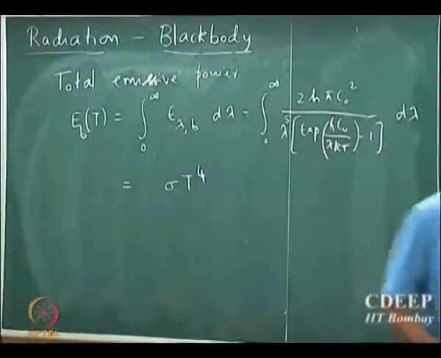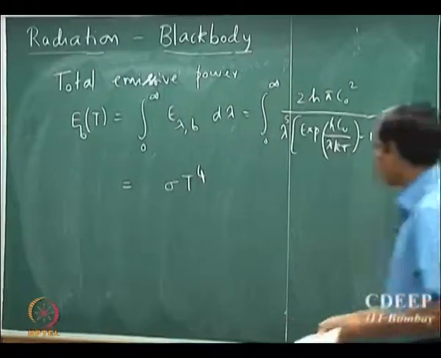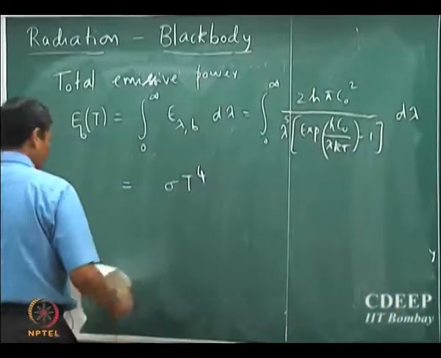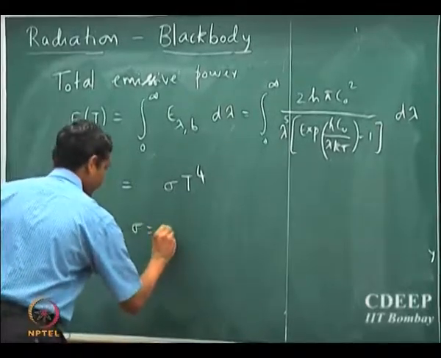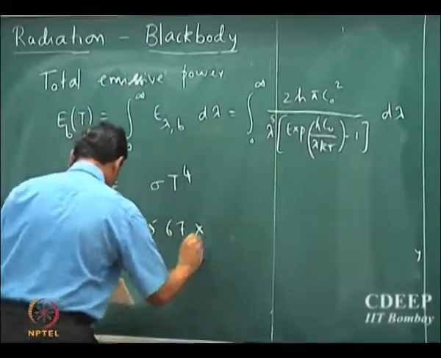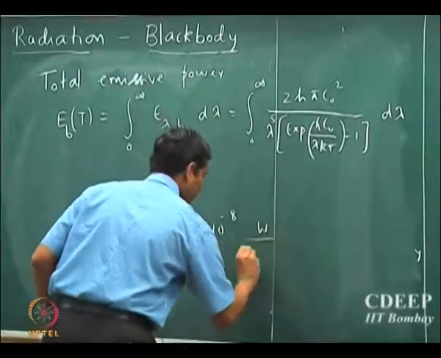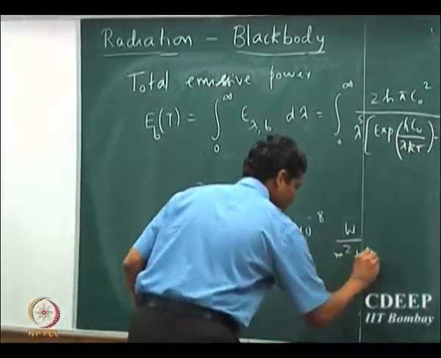Okay, and the value of sigma is 5.67 into 10 to the power of minus 8 watt per meter square Kelvin 4.